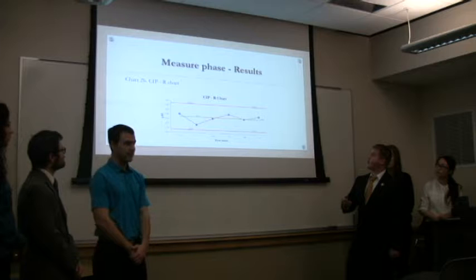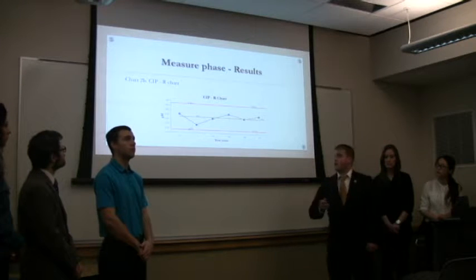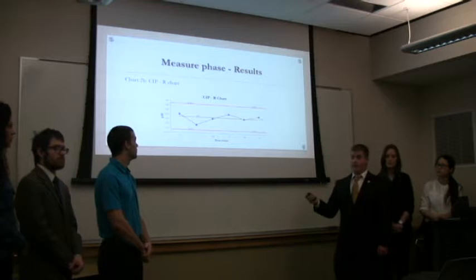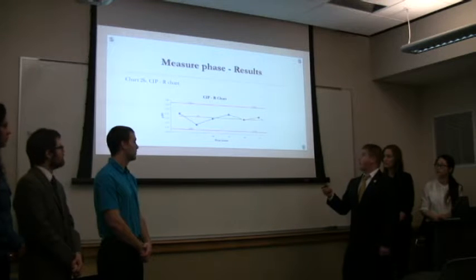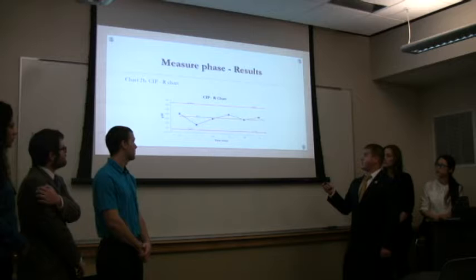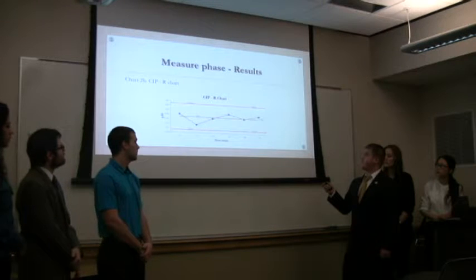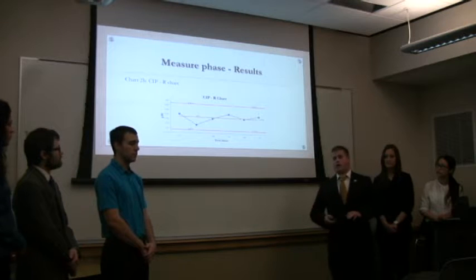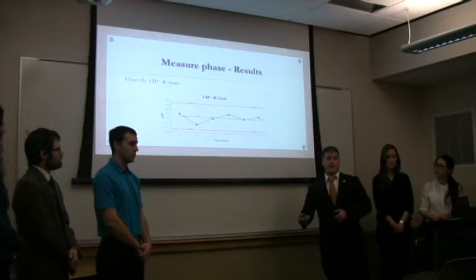Moving on to this R chart. An R chart is very similar to an X-bar chart, except this one only accounts for the range specifically. So the center line is the average range between all the samples, and the control limits are roughly the same, except this time a correction factor accounts for the standard deviation.